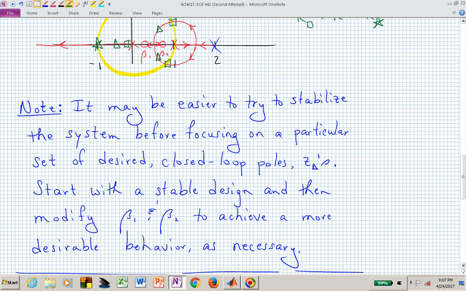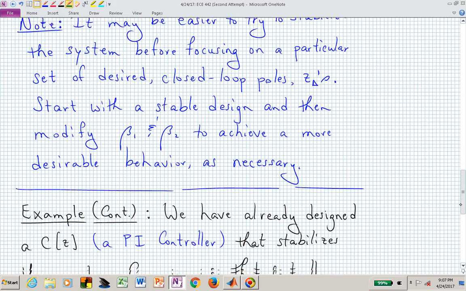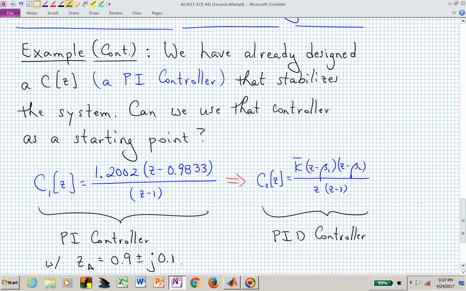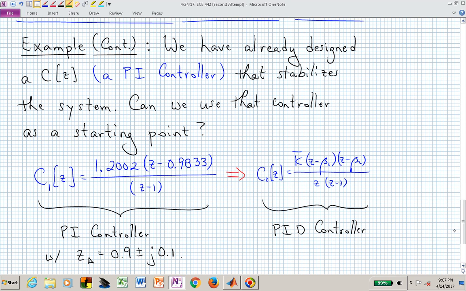And we'll illustrate that hopefully in just a little bit through the use of Matlab and some of the commands in Matlab. To get us started on this idea of starting with a stable controller, in the last lecture we actually designed a PI controller, not a PID controller, but a PI controller that would stabilize that system.